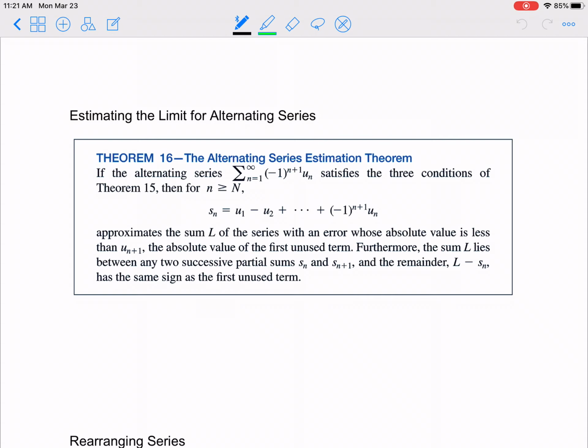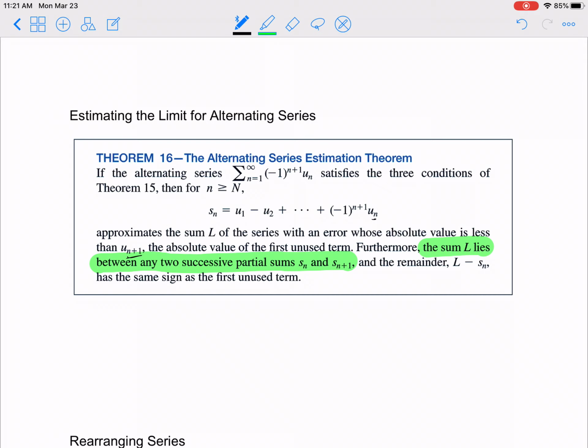So we're going up to un, and this is the u(n+1). Furthermore, the sum L lies between any successive partial sums Sn and S(n+1). Okay? And remember, L minus Sn has the same sign as the first unused term. I'm sorry, and the remainder.